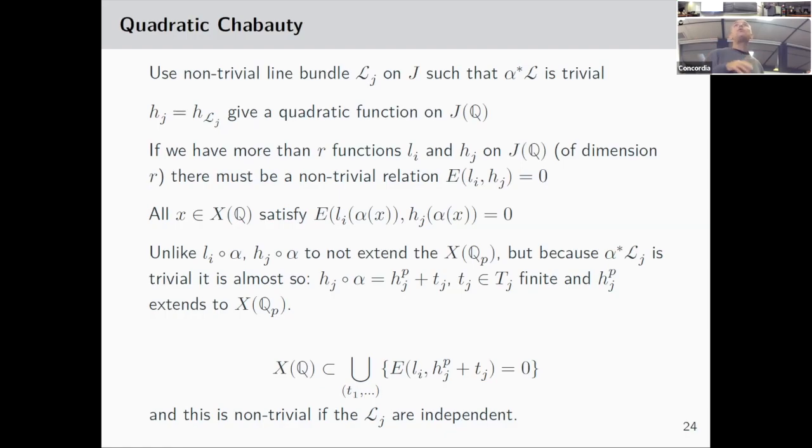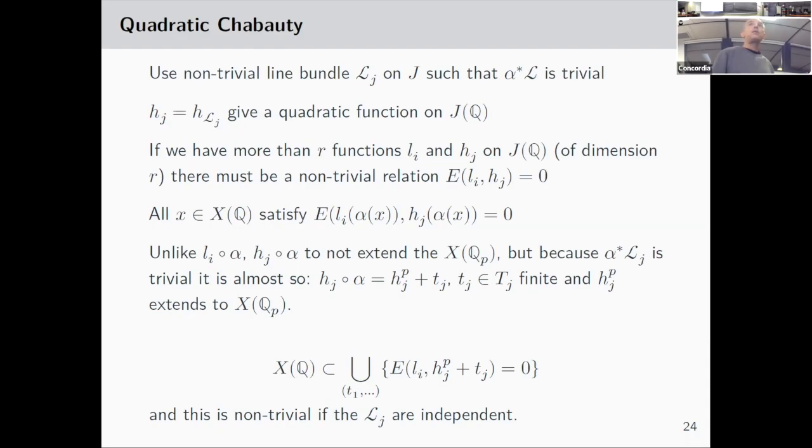So some polynomial in L_i and H_j is going to be 0. Okay? And so now I can plug in an x in X(Q) and push it via alpha to the Jacobian, and I get the following equation.